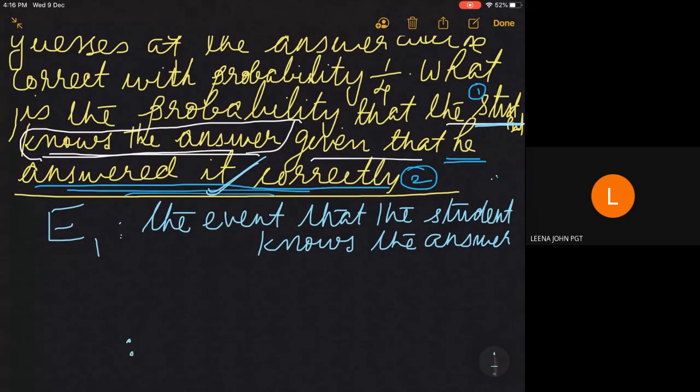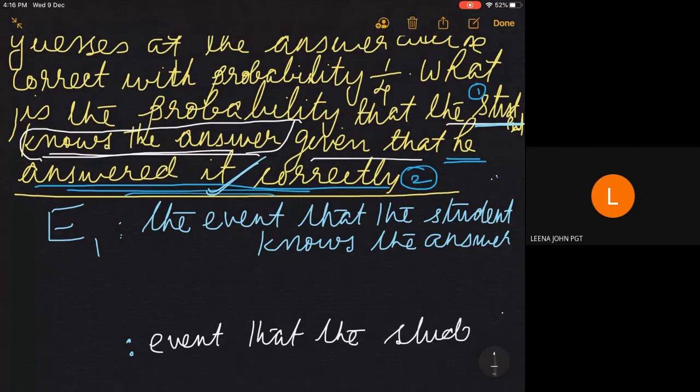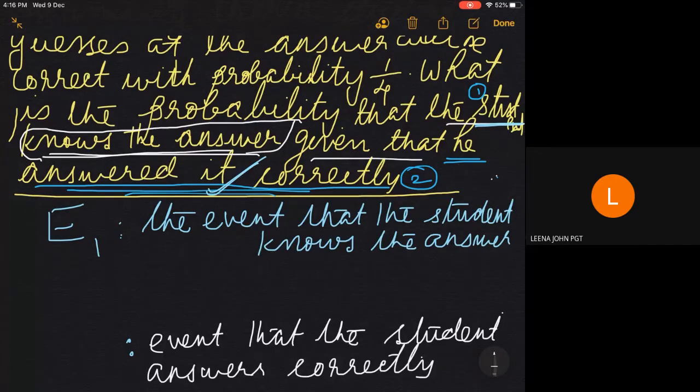We will name that event afterwards. How to define? Given that he answered it correctly. So it is the event that the student, the subject you have to use, so it is student, the student answered correctly. In that, the first level of action, which has already happened, is that he knows the answer, and the second, what happened later, is a condition that we consider as A.